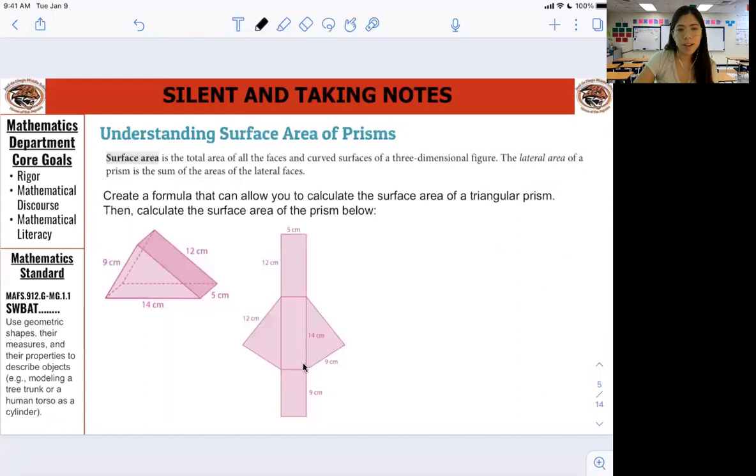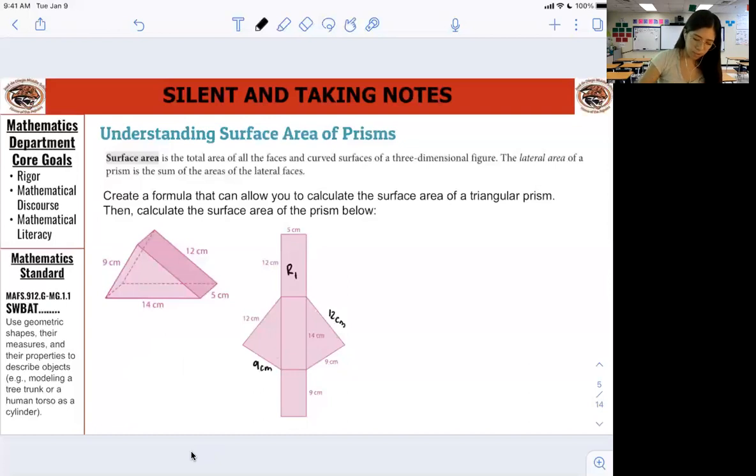Because here's the 9 over here. The 9 is also 9 on the other side. So this line right here is also 9. Even though they aren't labeled all the way over here, we know that this is also 9 centimeters and this one's also 12 centimeters. So they are the same. We have 2 identical triangles and 3 separate rectangles.